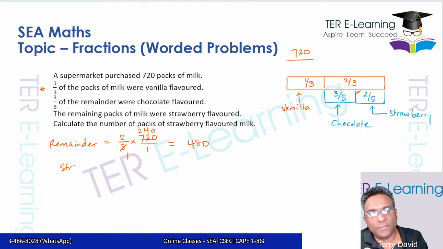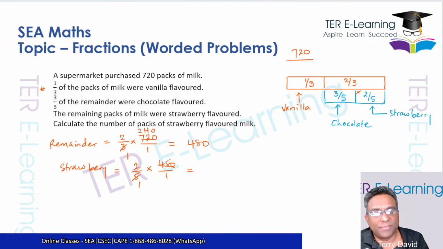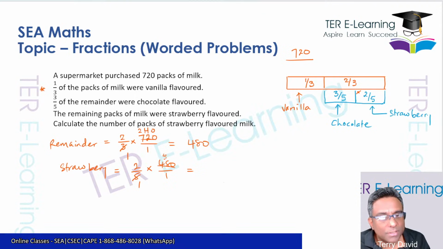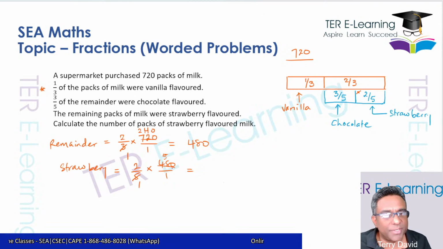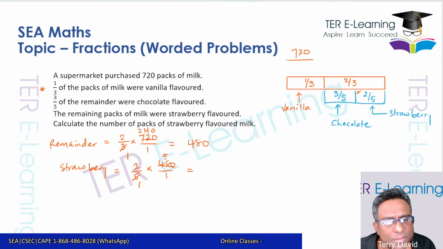Now the thing is, the strawberry flavored only accounts for 2/5. So for the strawberry, we're just going to take 2/5 and multiply that by your 480. So 5 can go into 5, 1. 5 can go into 48. That's 9 5s. 9 5s are 45. Remainder 3.